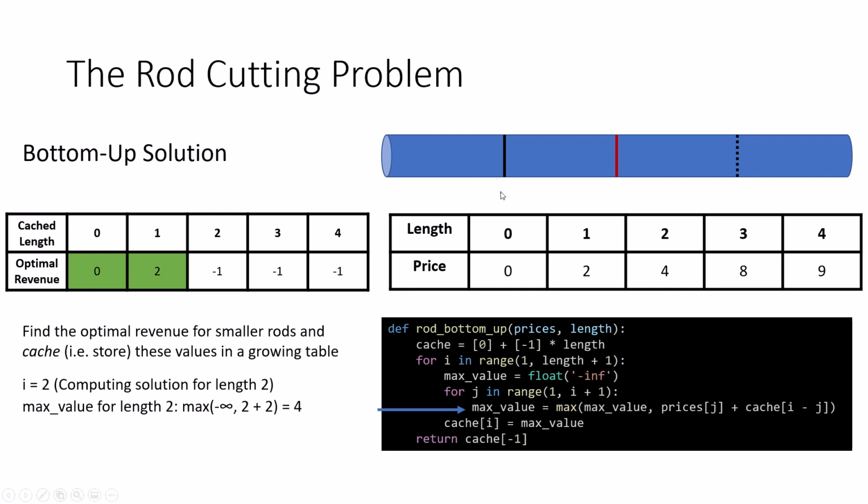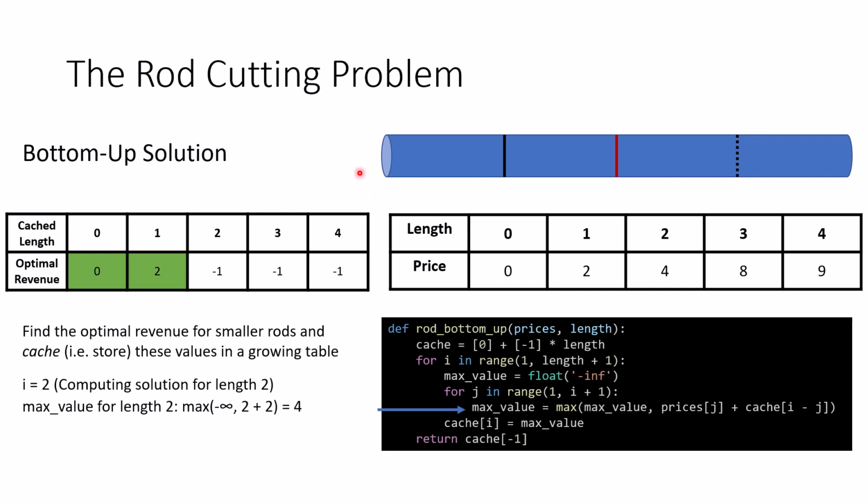So first, now you can see what I meant by this line. This line is going to denote where we're going to consider cutting the rod. So I'm going to first consider cutting at the first position such that we have a rod of length 1, and then the remaining section of the rod will also be of length 1. So that's going to be 2 minus 1. So we're going to consider prices of j, which is just prices of 1.